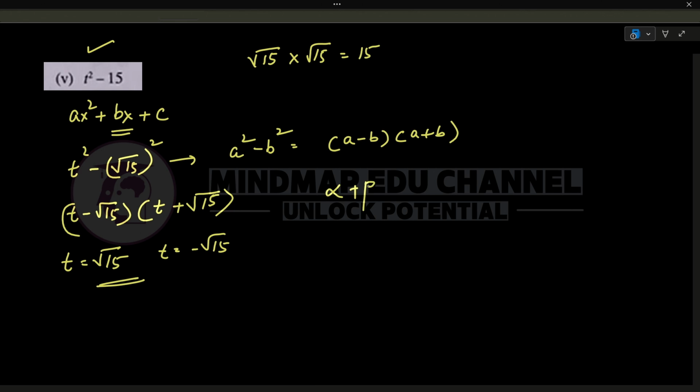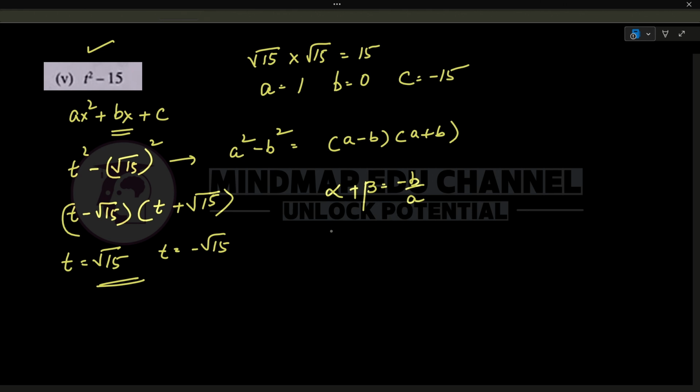Sum of the zeros is equals to minus b over a. Now let's see here. What's the value of a? That will be 1. The value of b, 0. And the value of c is minus 15.